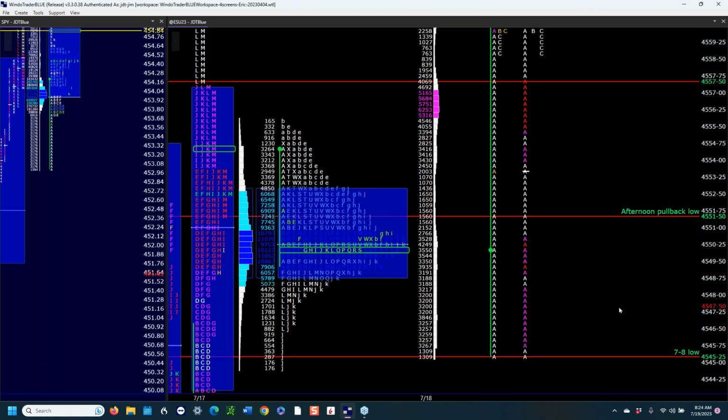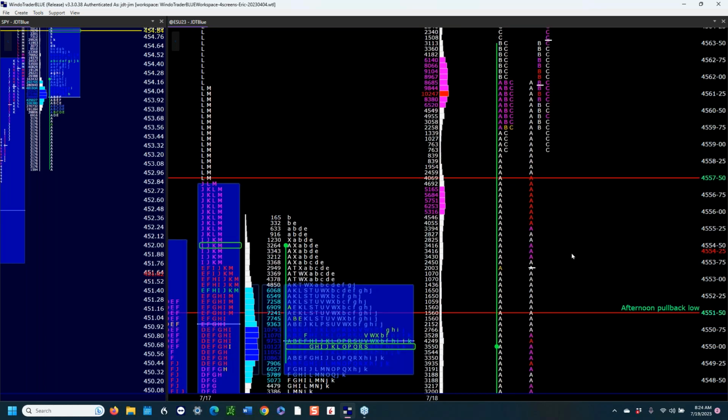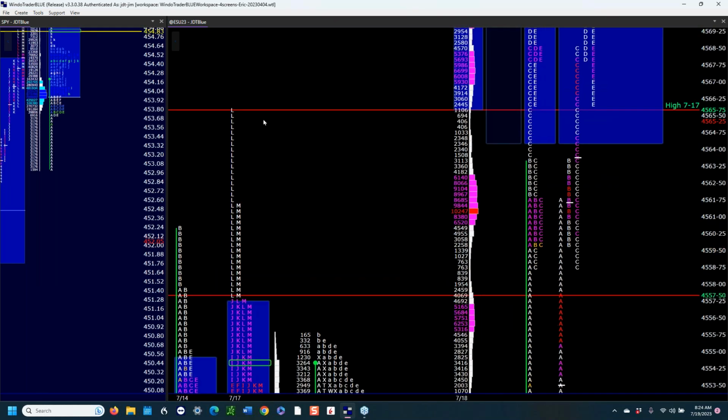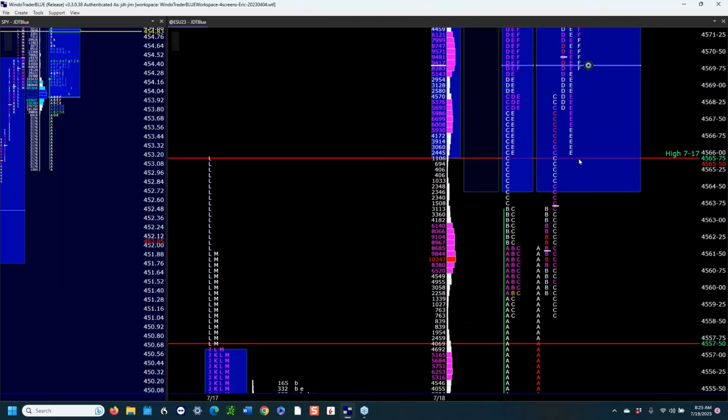The single prints give you an idea of the aggressiveness of what's going on in the market. Once we got above the spike base, the market really started to accelerate. You got above the top of the spike, and then you got your next acceleration. That also becomes kind of a support level. The top of that spike becomes a support level if this market starts to give way. Okay, what else we got?